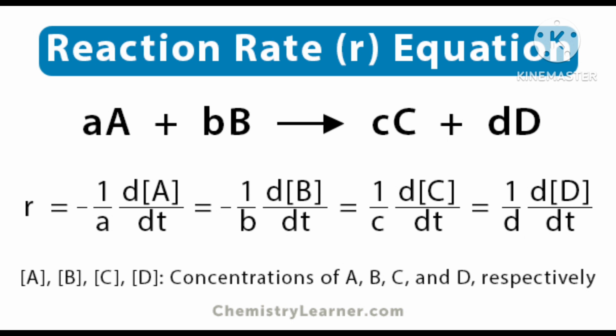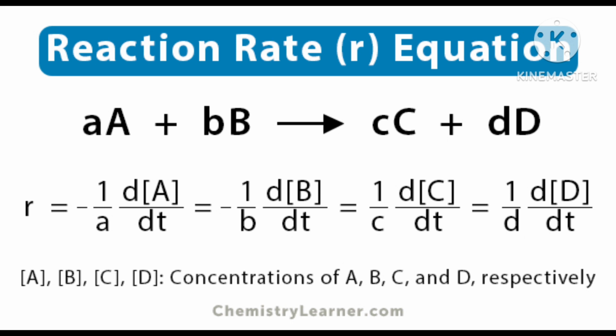As an example, take silver nitrate and sodium chloride. Here the concentration of silver nitrate is decreasing, and the reaction is fast. The silver nitrate concentration will decrease, the NaCl concentration will decrease, and they will quickly form these two products at the same time, because that reaction is very fast.